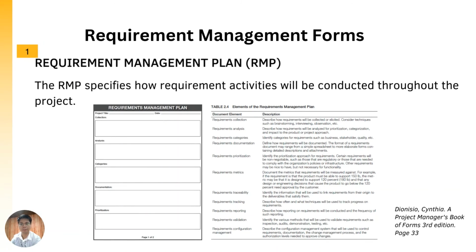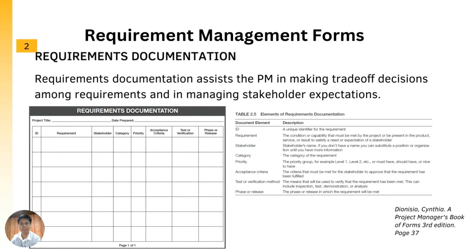There are various forms that we can use to manage requirements. Let's do a quick run on three of these. The first is the Requirement Management Plan or RMP. The RMP specifies how requirement activities will be conducted throughout the project. Second is the requirement documentation.